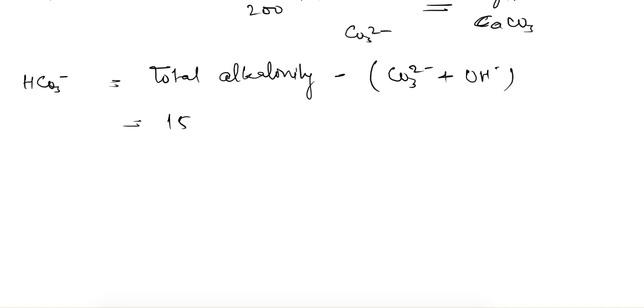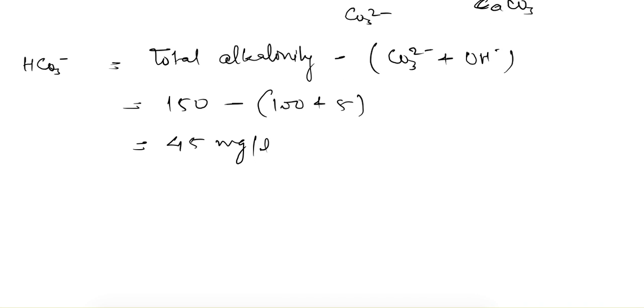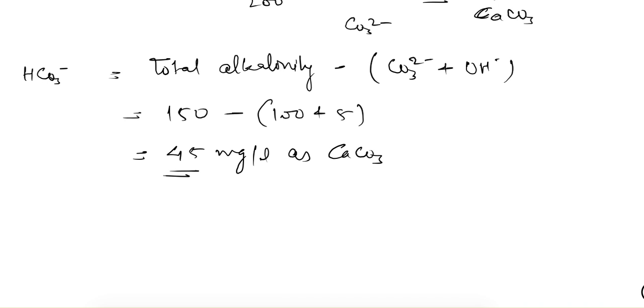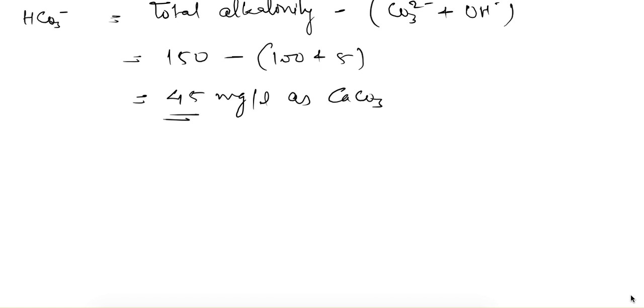So that is 150 minus CO3 2 minus, which we calculated as 100, and OH minus was 5 milligram per liter. So this concentration is equal to 45 milligrams per liter. That is the answer. So we have calculated all the concentrations and they are expressed as CaCO3. So that is about the alkalinity.